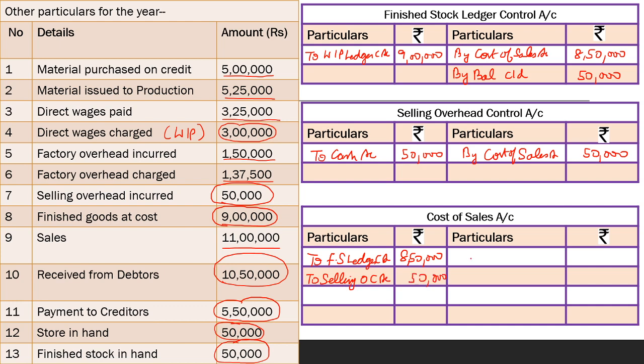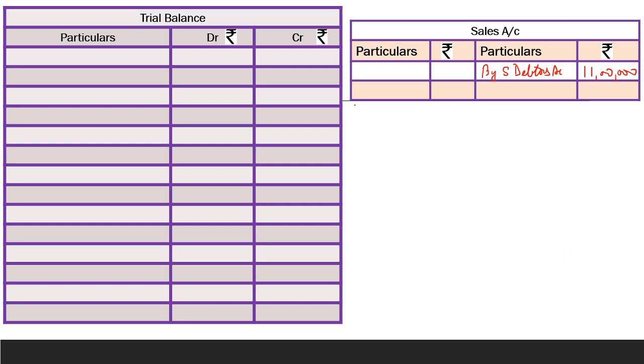Now the balancing value of cost of sales is on the credit side by balance carried down 9 lakh rupees. This is the balancing value in cost of sales account, and our last account is the sales account, and here the balancing value is 11 lakh rupees. So on the debit side we write to balance carried down 11 lakh rupees.